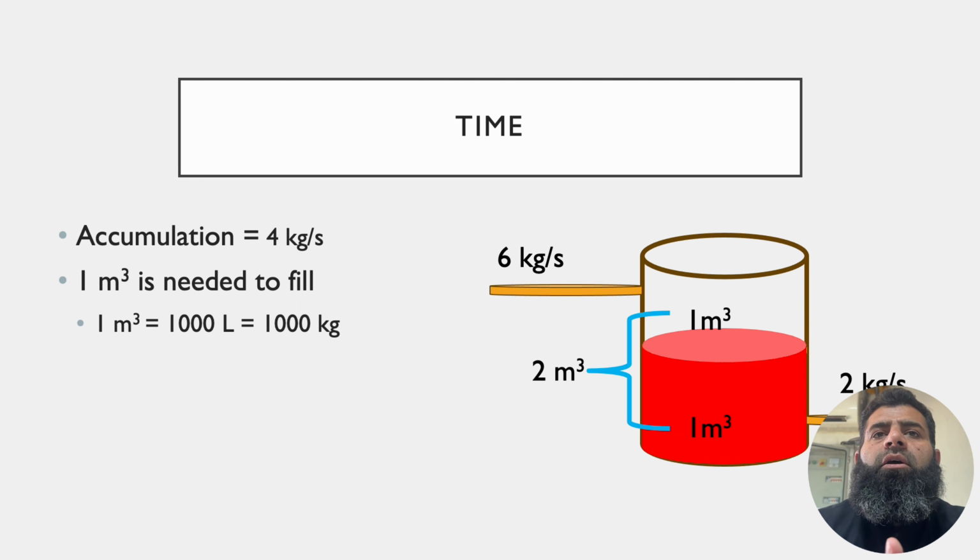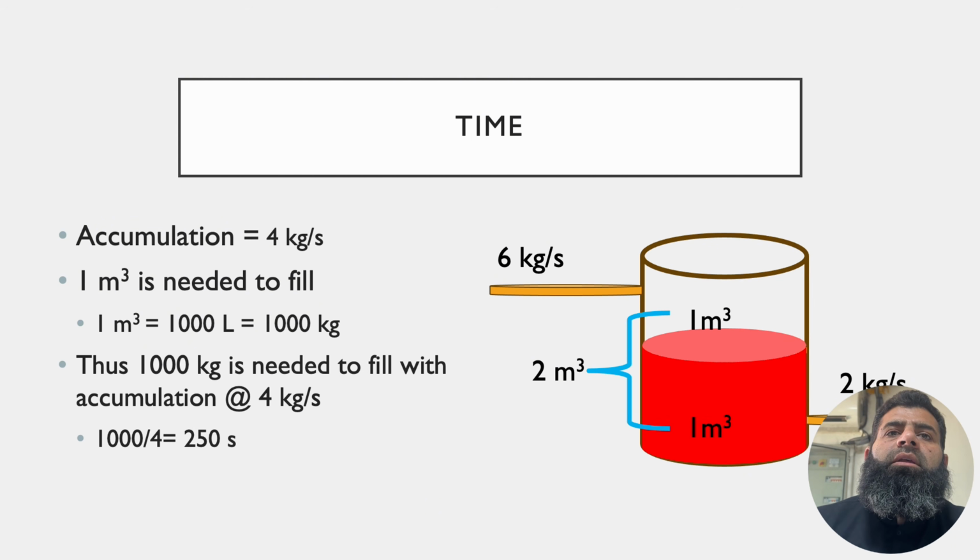So by this simple calculation, we came to know that we have to fill 1000 kilogram in the tank when the water is accumulating at the rate of 4 kilogram per second. Now we can easily calculate that 1000 divided by 4 gives 250 seconds.